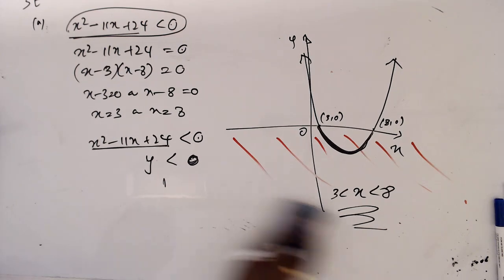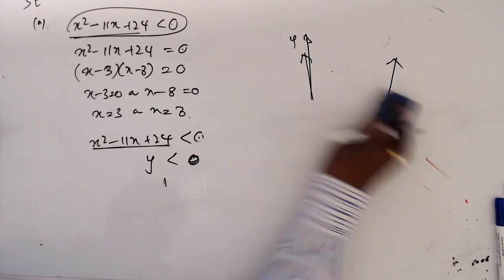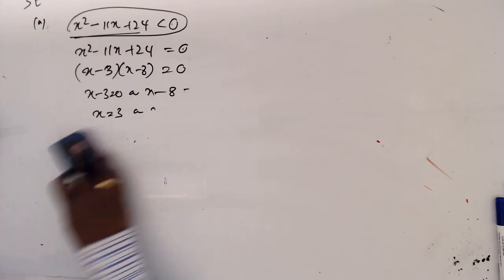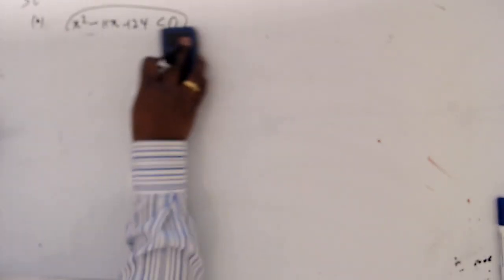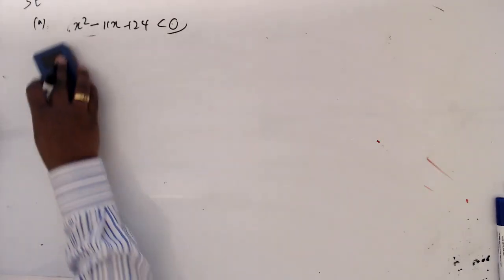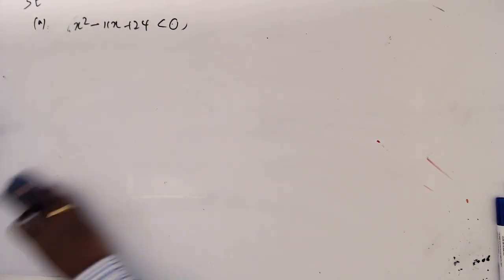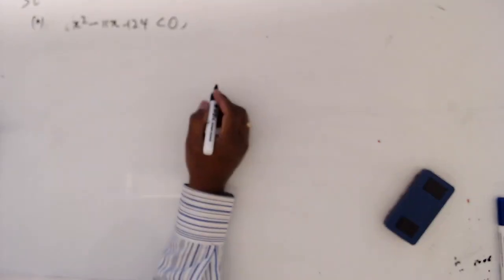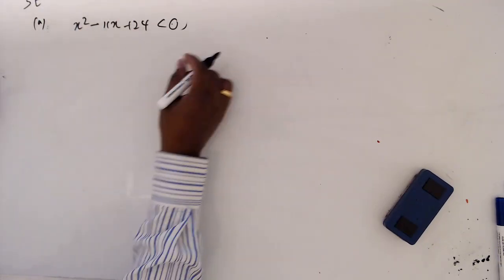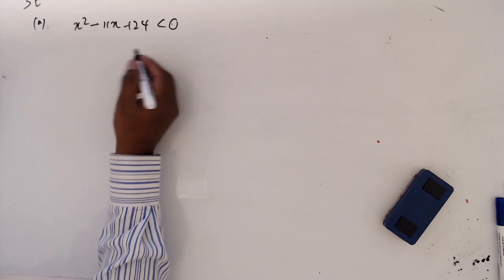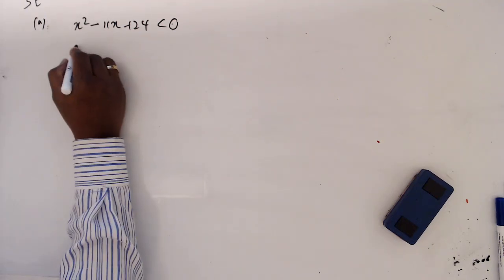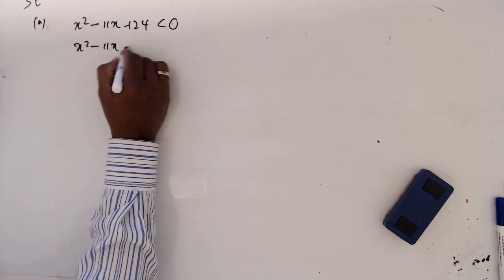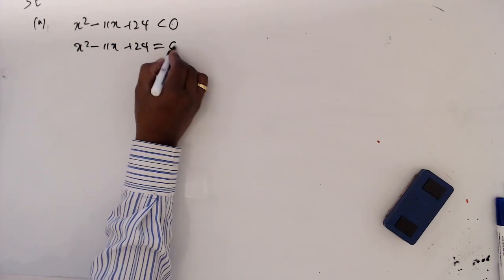Now we'll work with the non-graphical method. This is the inequality we have. As usual, we still need to find the roots. x square minus 11x plus 24 equal to 0.